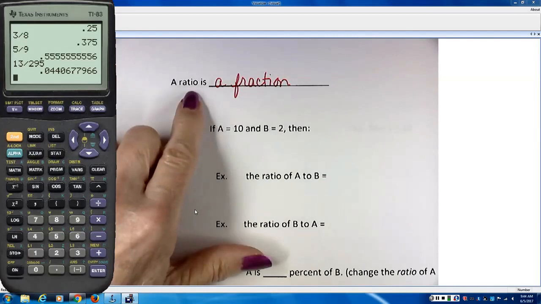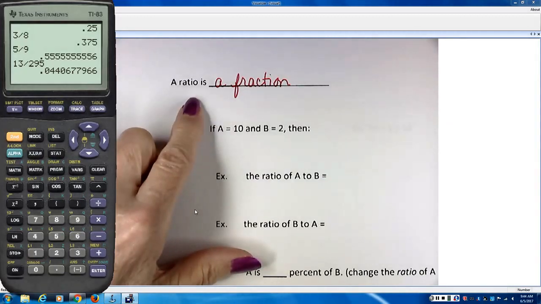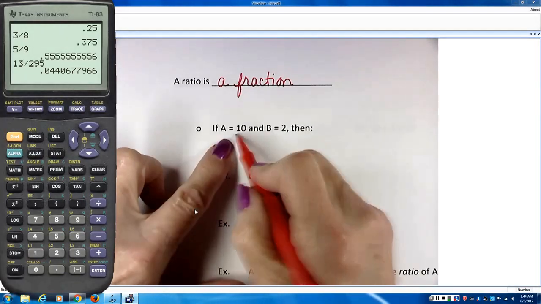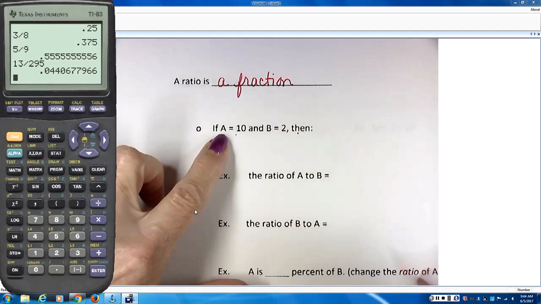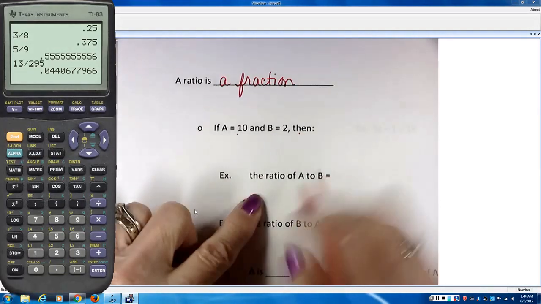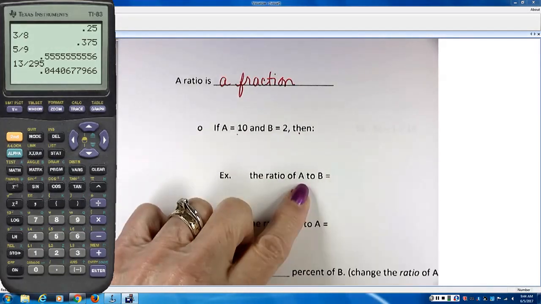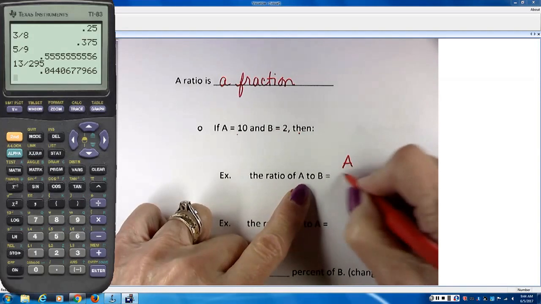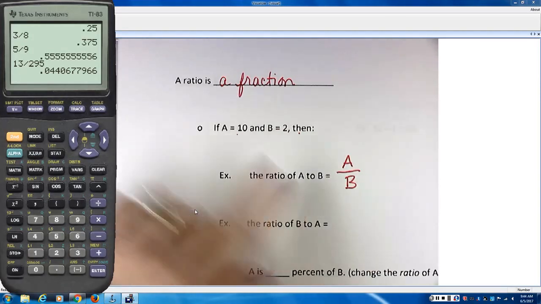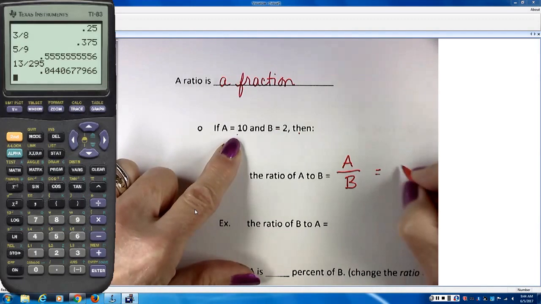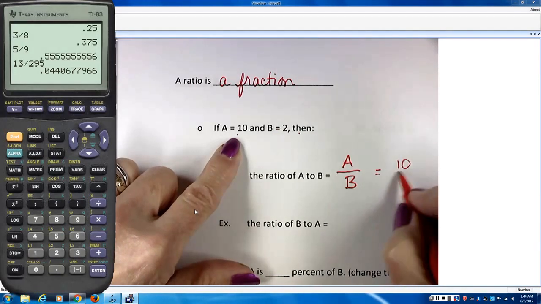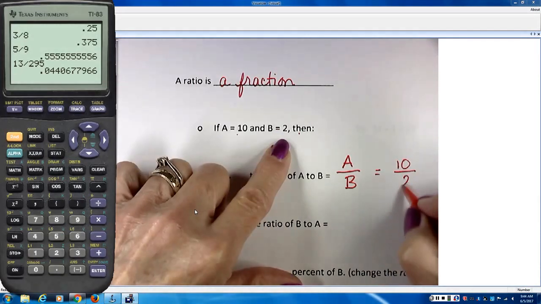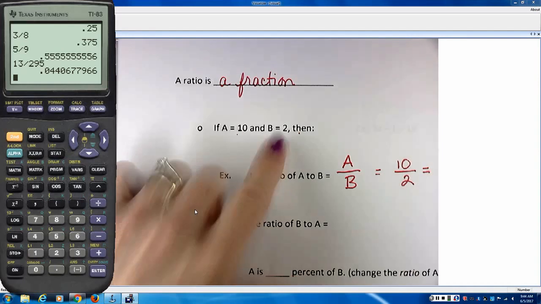The way a ratio works is if A is equal to 10 and B is equal to 2, then the ratio of A to B is A over B. And since A is 10 and B is 2, that's 10 over 2.